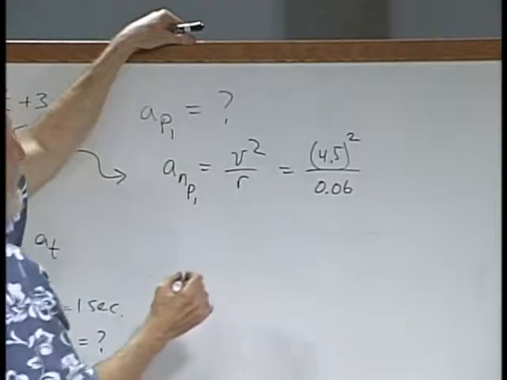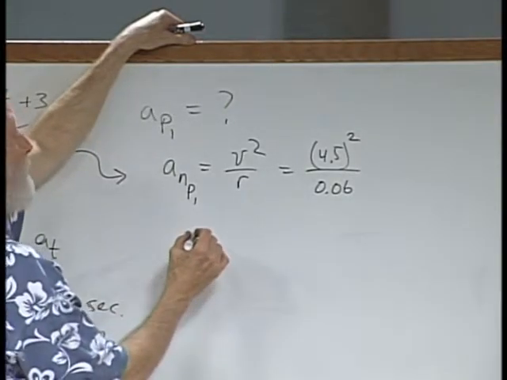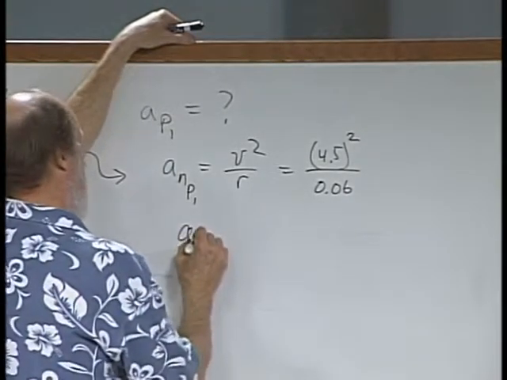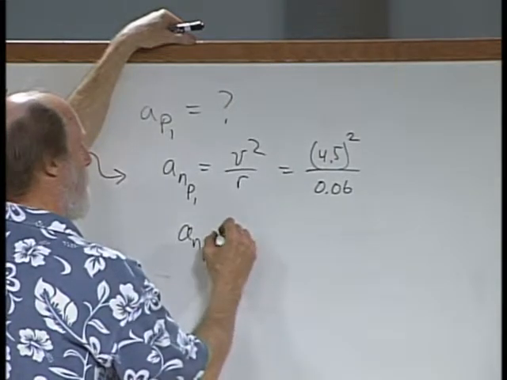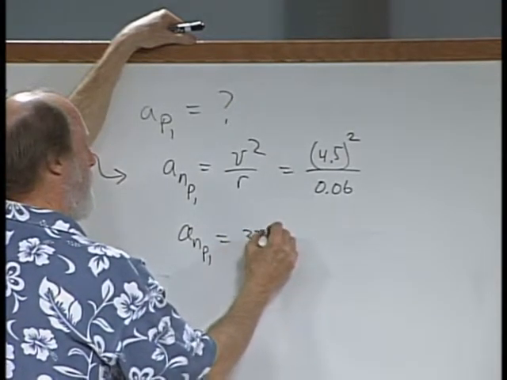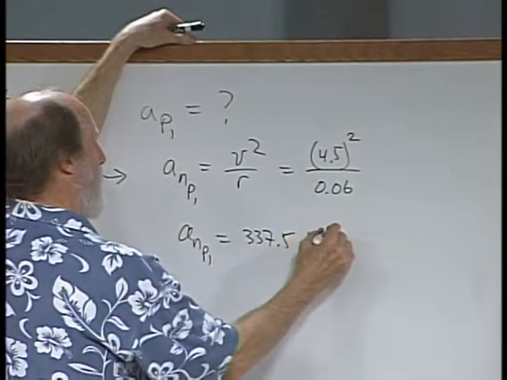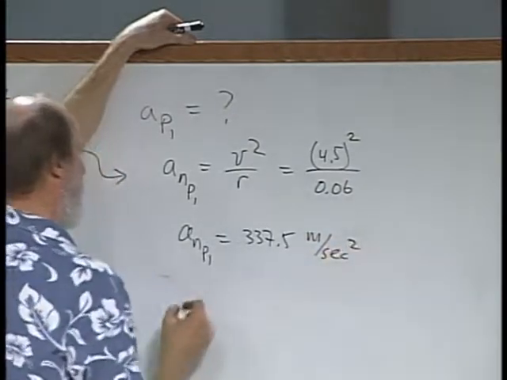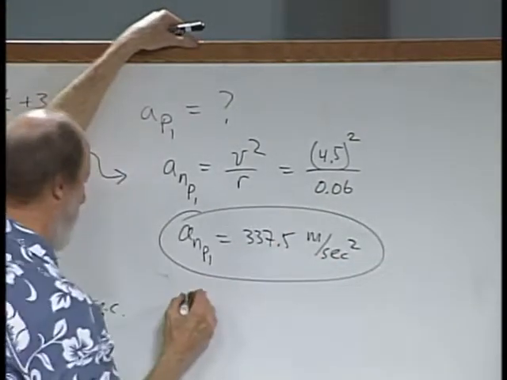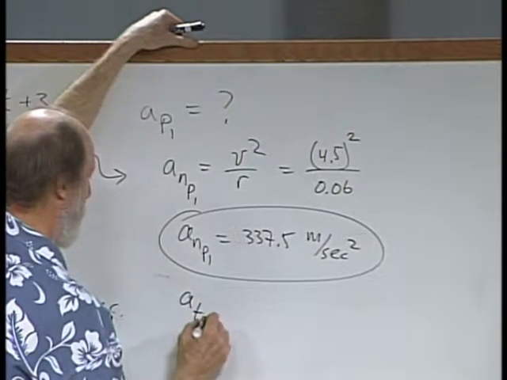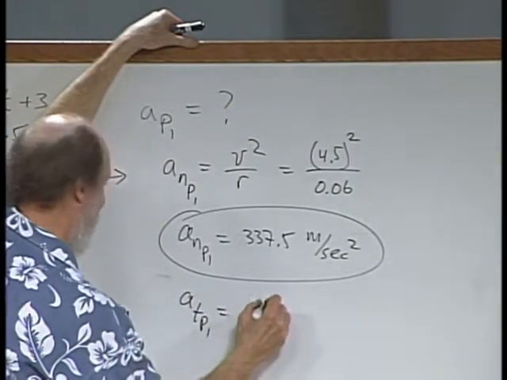And somebody punch that out. 337.5. Yep. Excuse me, what is it? 337.5 meters per second squared. So we have that component, and our tangential component at P1 is the constant 1.5.